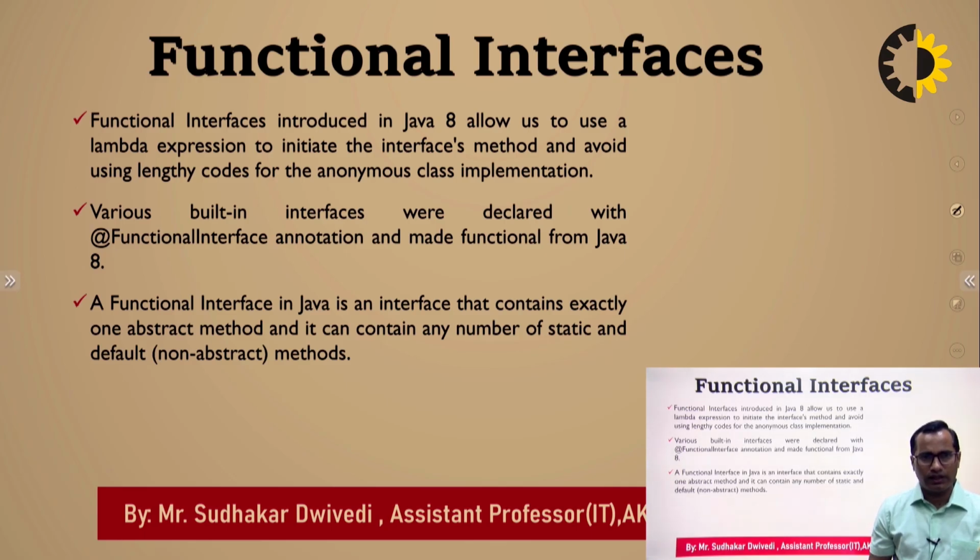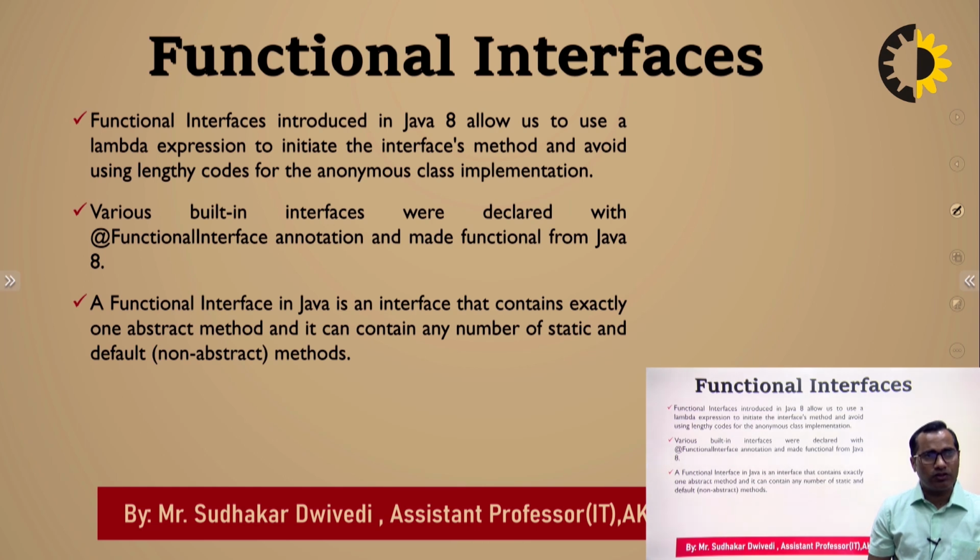So by using the Lambda expressions, we are allowed to write short and concise code. So that is the purpose of the functional interface. A functional interface has exactly one abstract method, and as I have mentioned, it may contain some default methods or some static methods also.